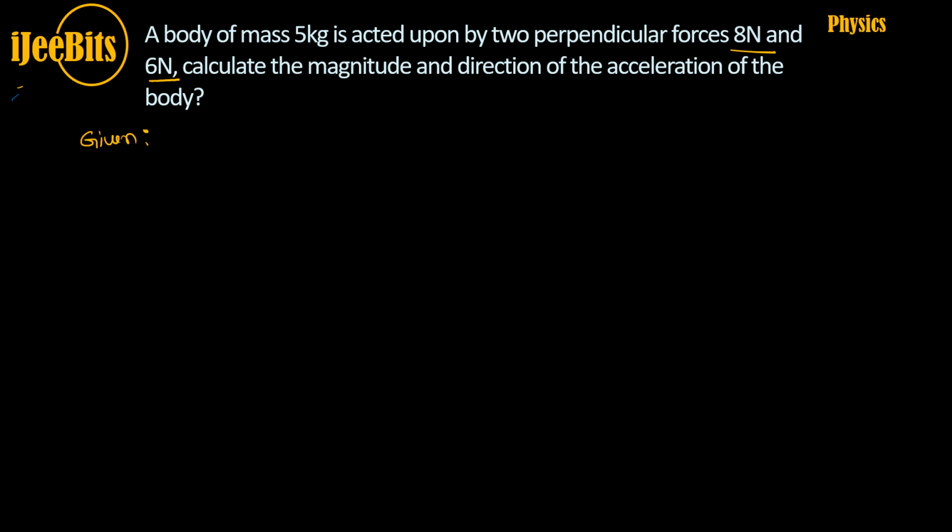So when you say perpendicular, probably one is Fx and the other is Fy. Maybe Fx is 8 newtons and Fy is 6 newtons. So you can imagine the two forces at right angles to each other.